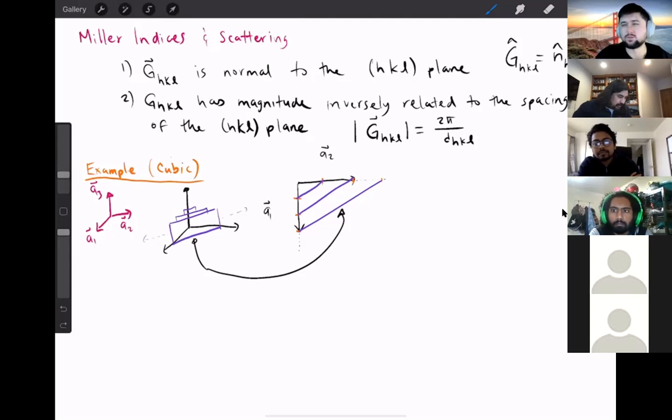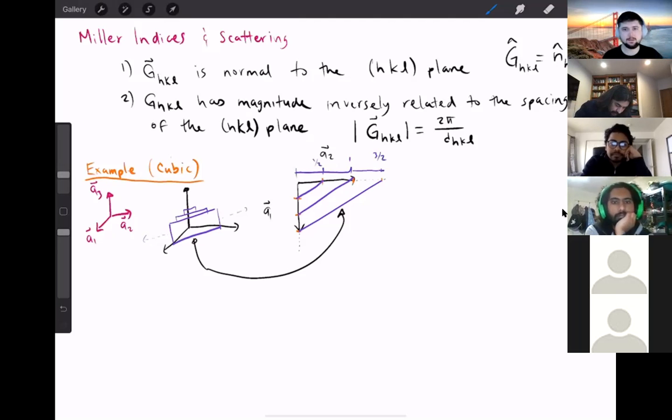I think it's 110 since it's A1 and A2. Not exactly, because look, this is the distance from here to here, right? This happened at 1/2 and at 1 and at 3/2. And this happened at 1/3, 2/3, and 1. So when does it intercept the first whole number in the x direction?